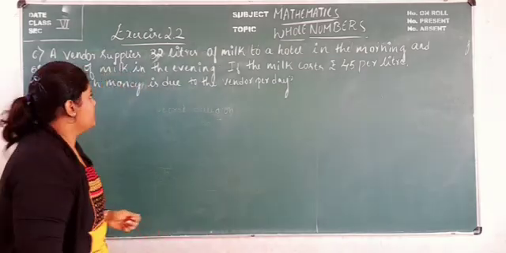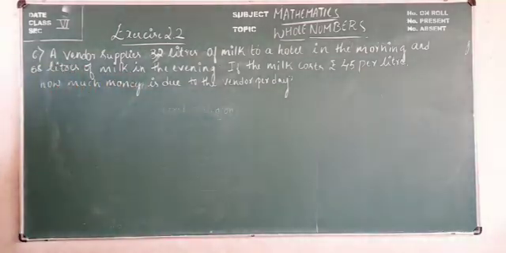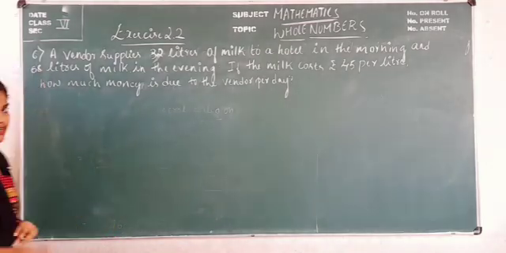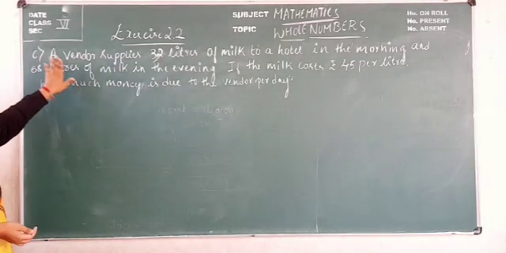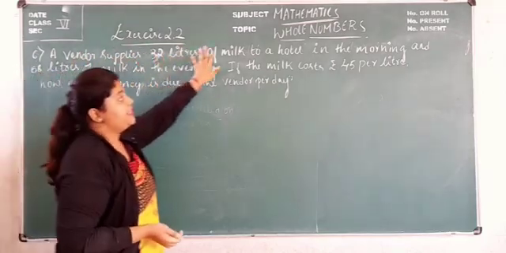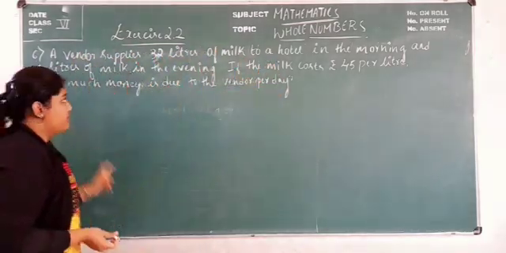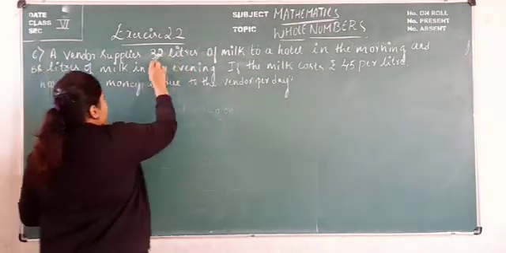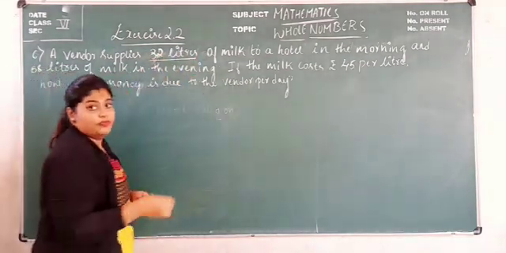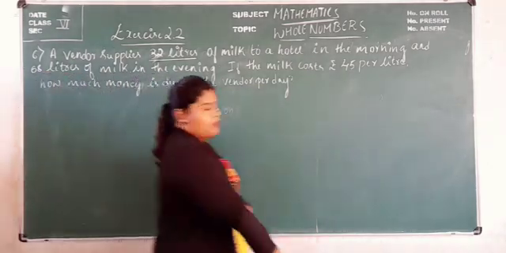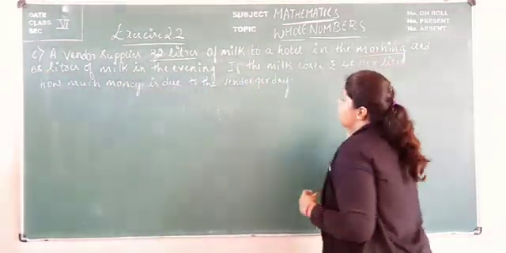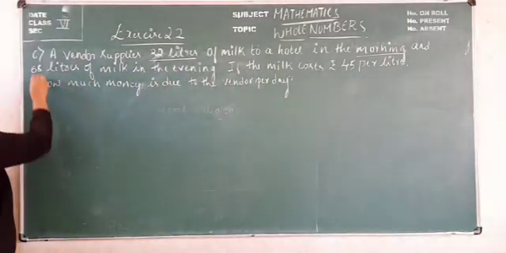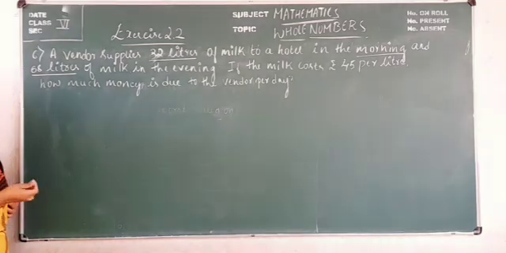So here is the question. Here also they have given a word problem, so here also we have to use some properties of whole numbers in order to find out the answer. A vendor supplies 32 liters of milk to a hotel in the morning, and 68 liters of milk in the evening.